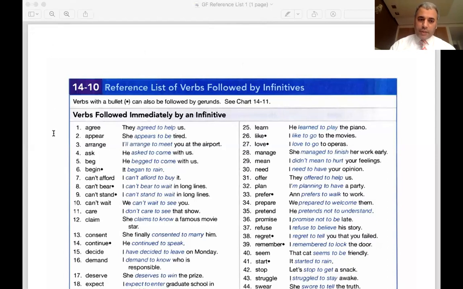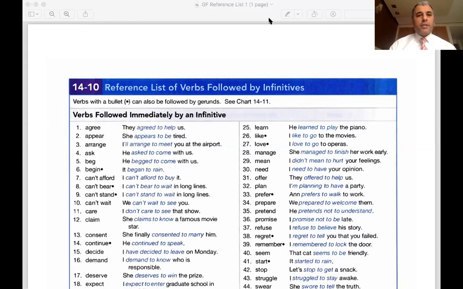You need to remember these so that whenever you have them, you use a gerund after that. When you have a star like this, it means that they can also be followed by an infinitive. These expressions like can't stand, begin, bear, can also be followed by infinitives. This is what you need to remember. Okay, this is one list.